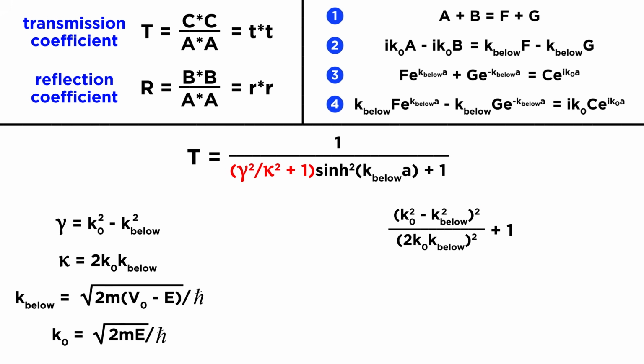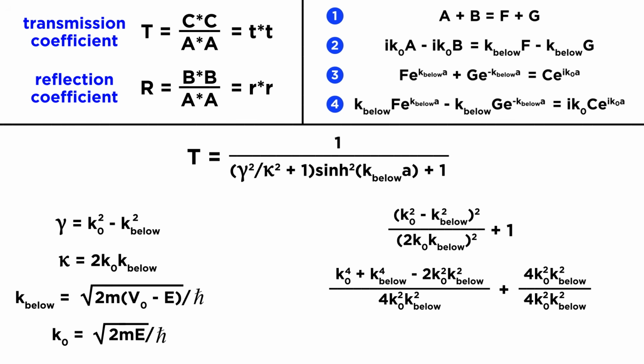Let's plug in the expressions. So we have the square of a binomial up top, and that gives us each k term to the fourth minus twice their product. In the denominator, we just square it, and to this fraction, we add 1. In order to do the addition, let's get a common denominator, so we change 1 into this expression over itself.